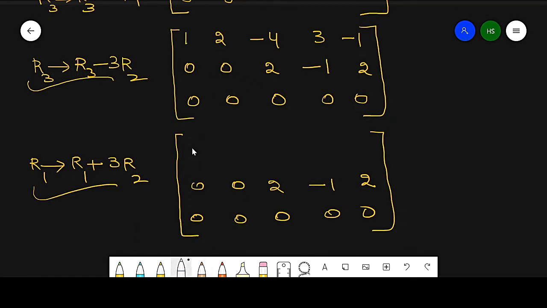Now the first row is 1, 2, same, then minus 4 plus 6, which is 2, and 3 minus 3, which is 0, and minus 1 plus 6, which is 5.